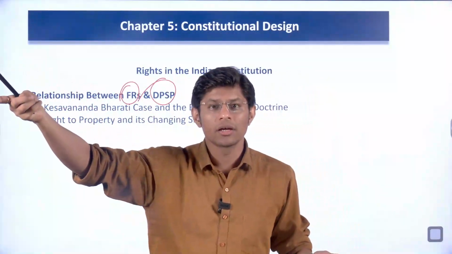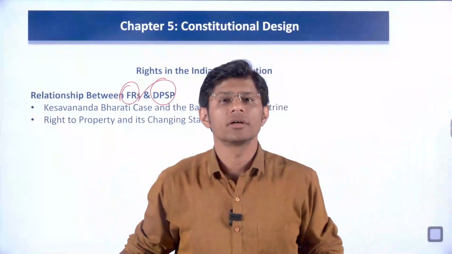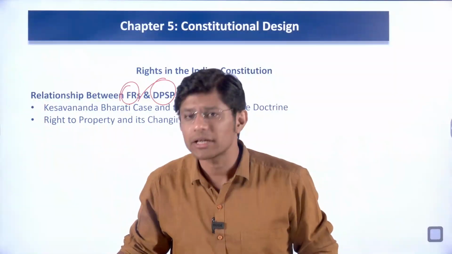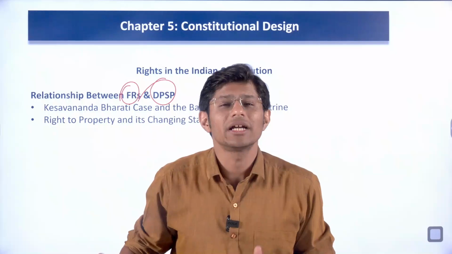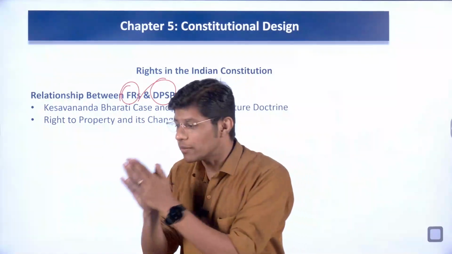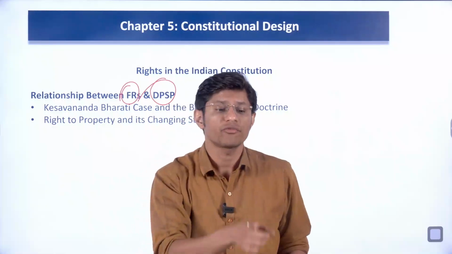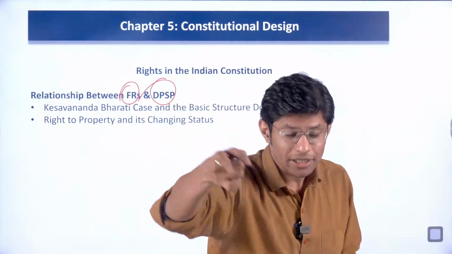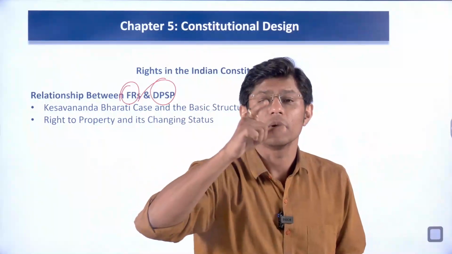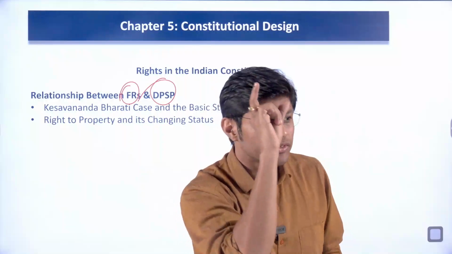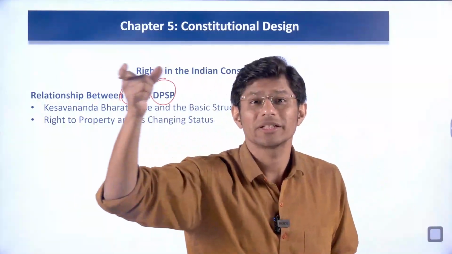Welfare measures under DPSP were clashing with the fundamental rights, and this led to legal disputes. The government was taken to court, and the government argued that fundamental rights should be restricted to implement DPSP, which means the government should be allowed to violate fundamental rights to implement the DPSPs. Why? Because the purpose of DPSP is social and economic justice.